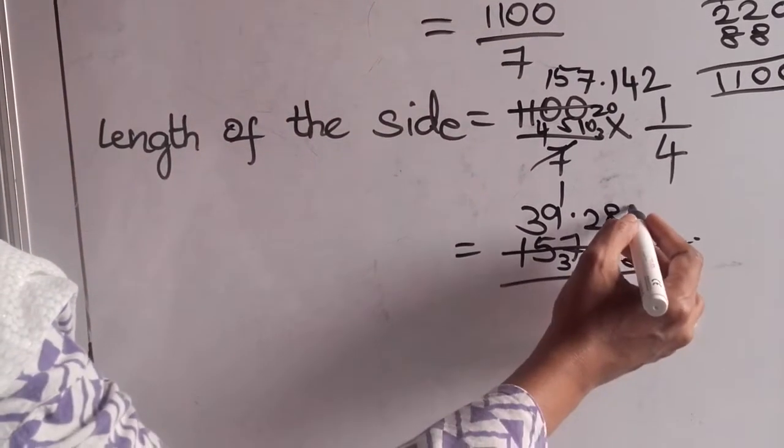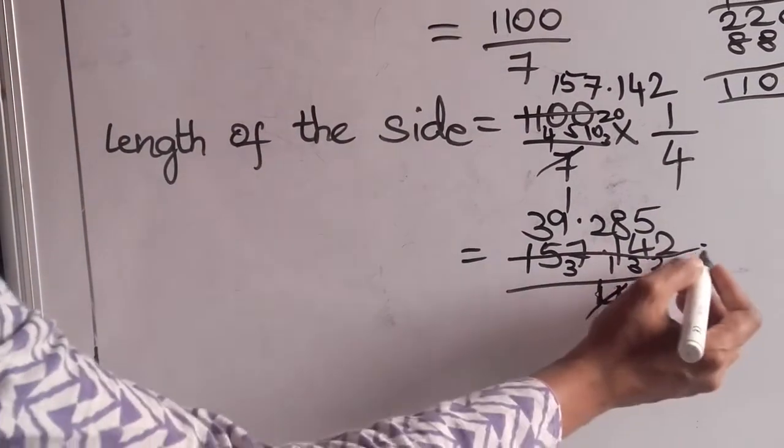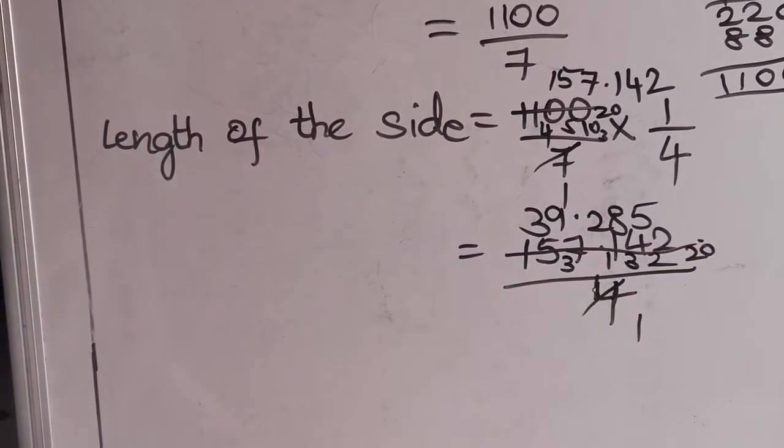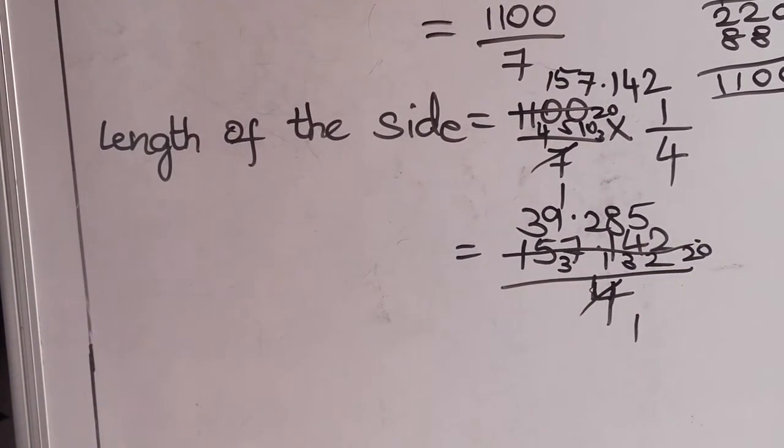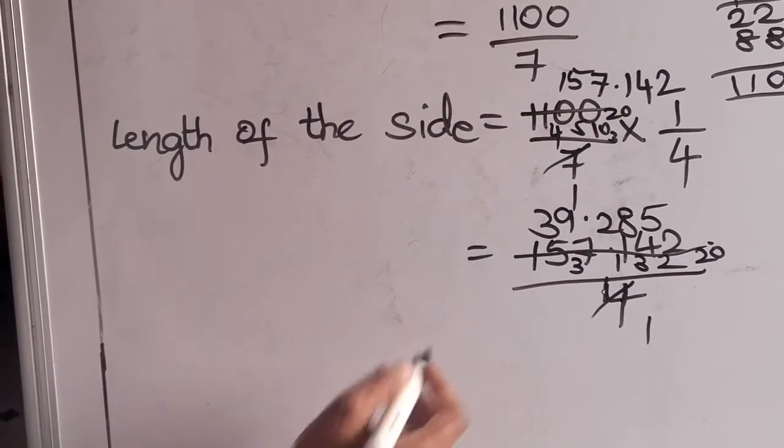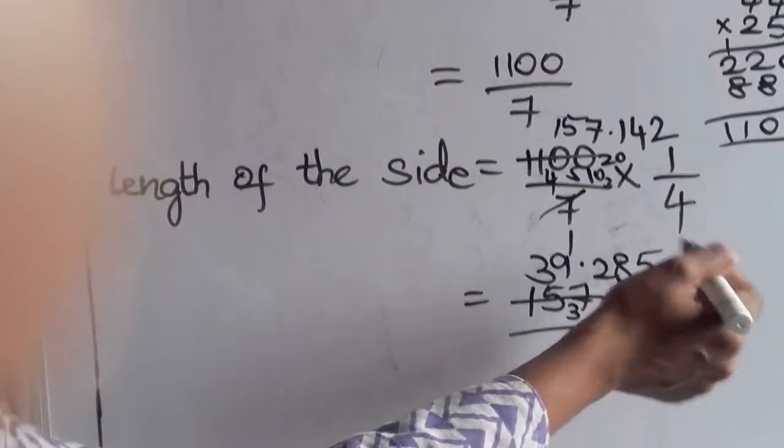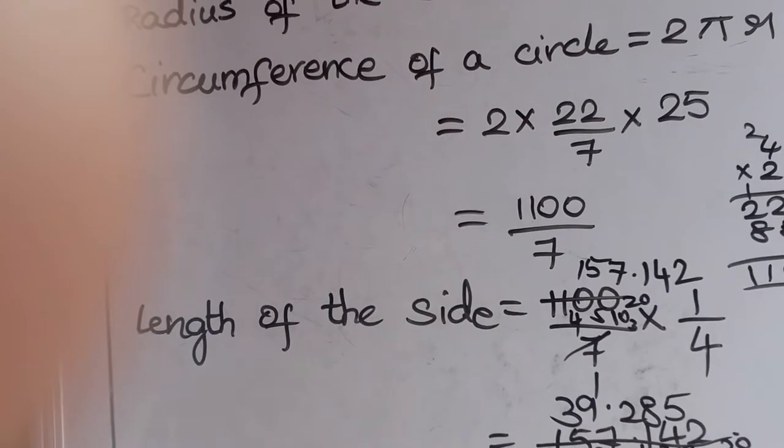So 4 5s are 20. 2 is the remainder. 0. So it is around 39 point. I am not going to extend this further. After the point, 3 digits are enough.